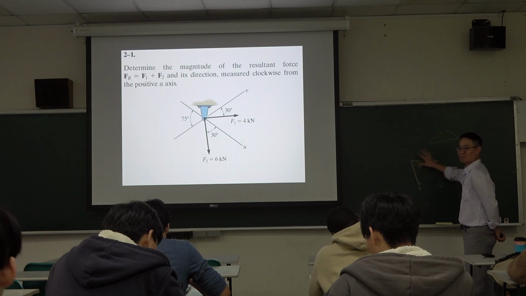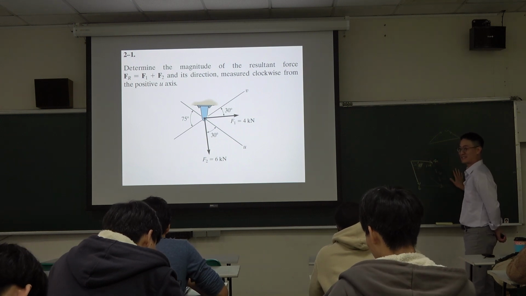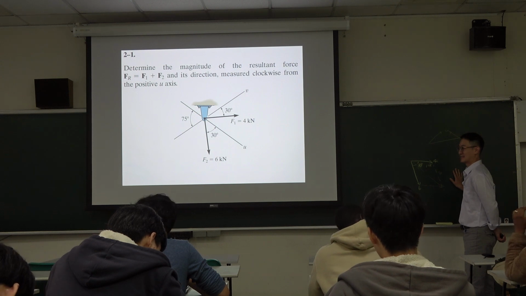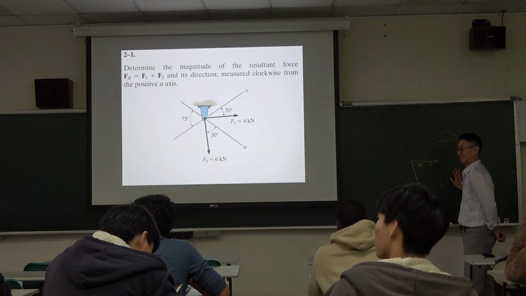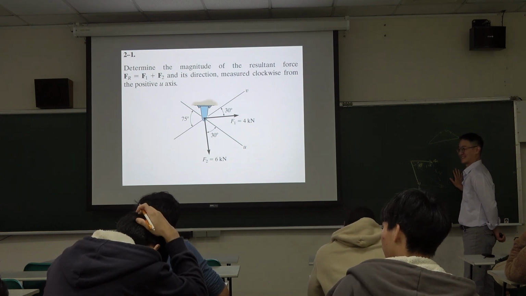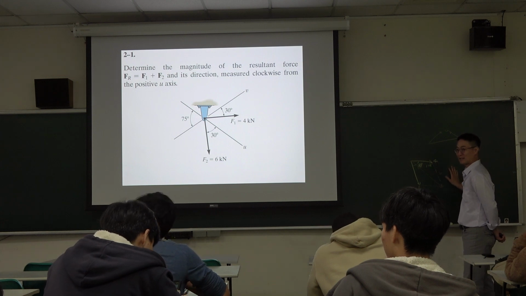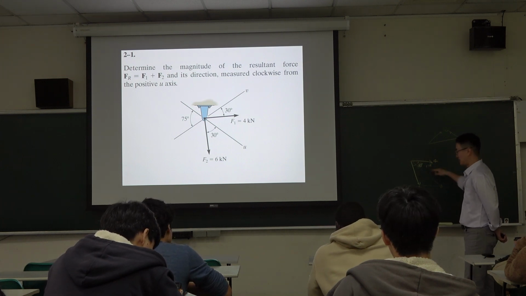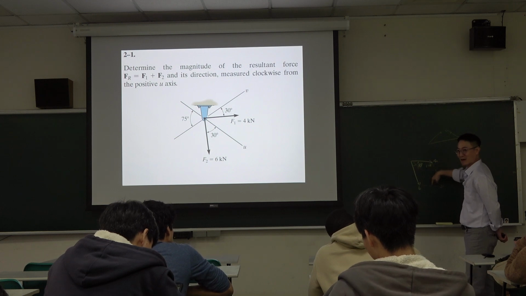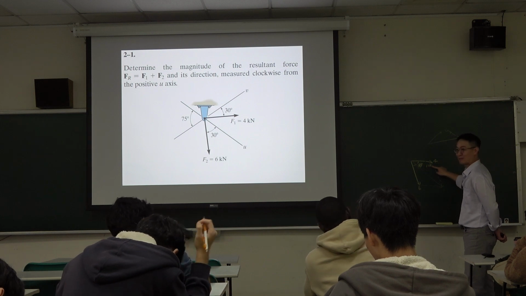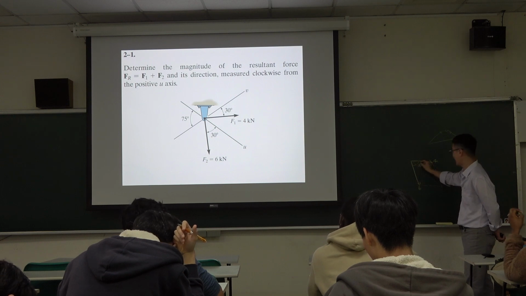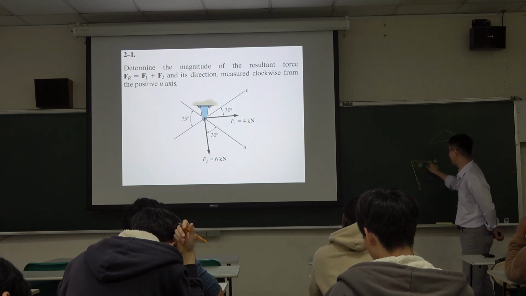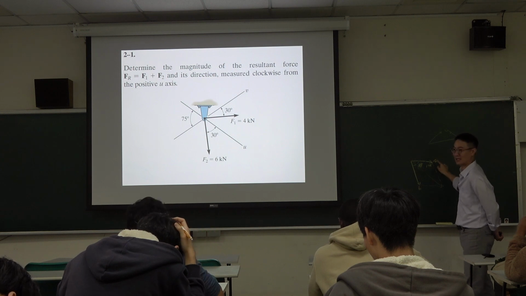Anyway, do you capture my solving procedure? We use the cosine law to work out this. Okay, then 3 sides, we know its magnitude, and we have one angle. So we can use sine law to work out the angle here. Angle between the resultant and this 4 kilonewton.